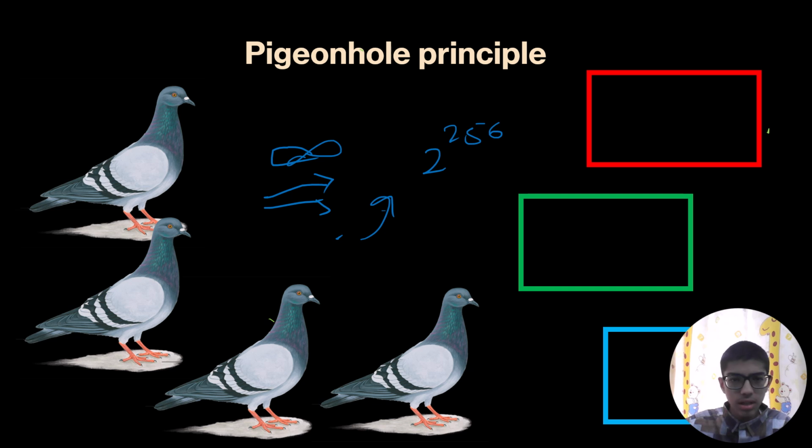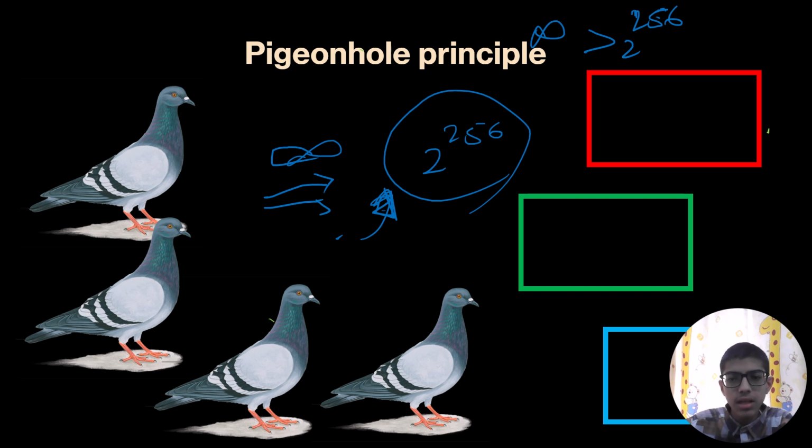This is not hard to see because infinity is greater than 2^256. But it is nothing to fear much about because 2^256, just to give an idea of the number, is much greater than the age of the universe itself if taken in seconds as well.